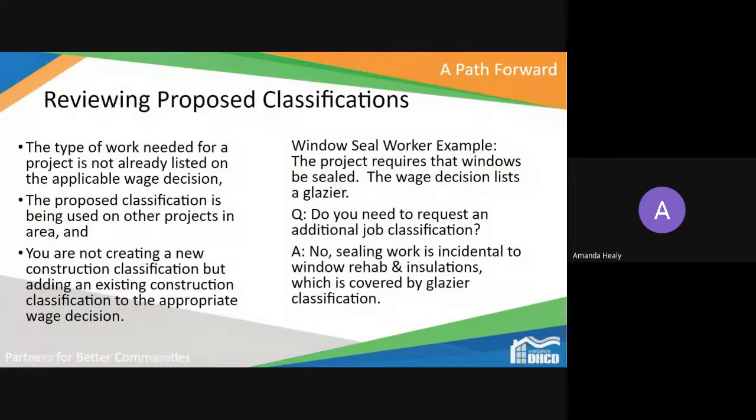Ceiling work is incidental to window rehab and installations, which is covered by the existing classification. So you would not be able to do this particular one because they don't want you to separate in minute detail every job. I hope that makes sense. If not, let us know. Next, please.